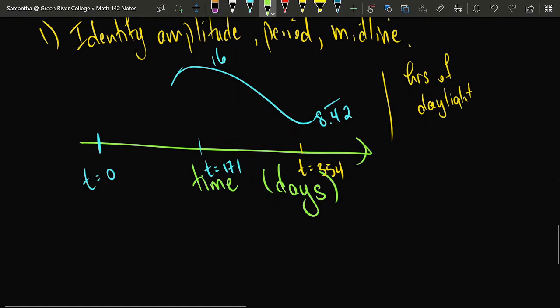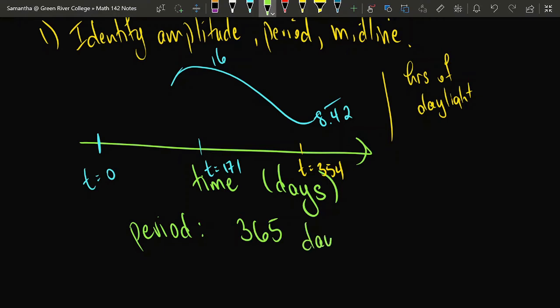In my opinion, the period is the easiest one to identify because that one is pretty intuitive. We can guess that this cycle will repeat every year. So I'm going to go ahead and say that a year is, for the most part, equivalent to 365 days. I'm going to just ignore leap years because they form unnecessary complications for this kind of problem.